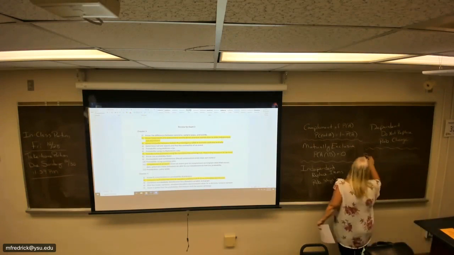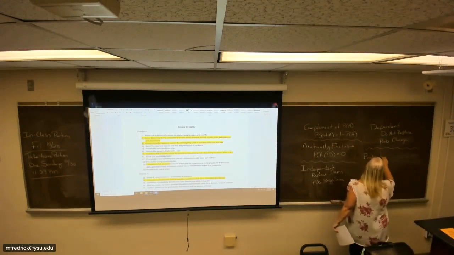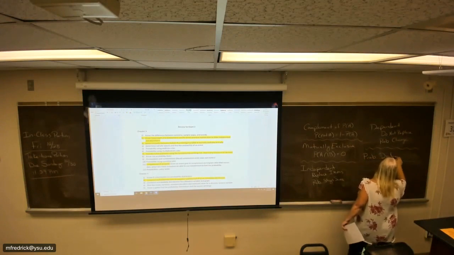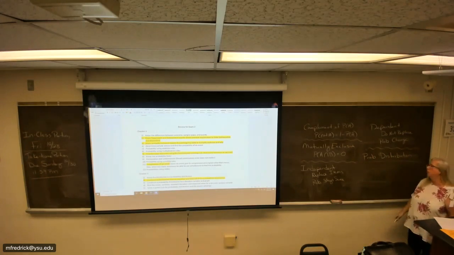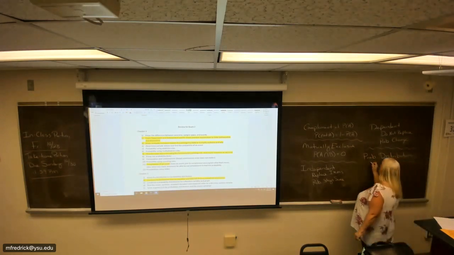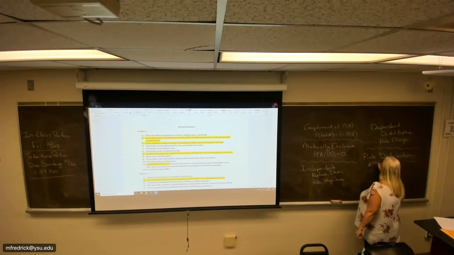If you have a probability distribution, there's one where you have to explain if it is or it is not a probability distribution. Remember, for a probability distribution, when you add up the probabilities, what do they have to equal?